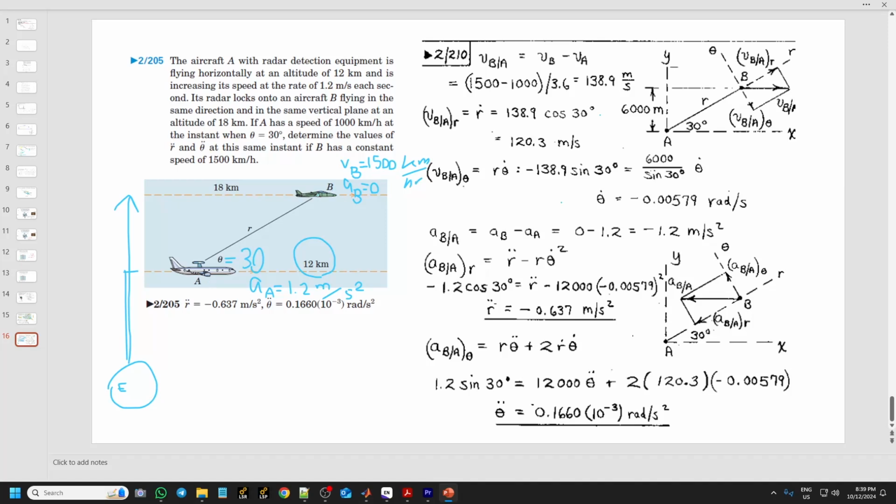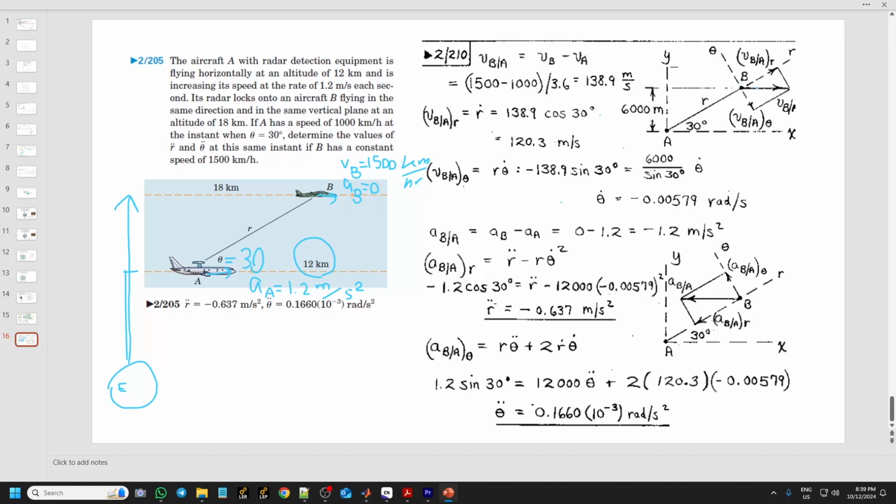Both of them are in these directions. One of them in this direction and one of them in this direction. So VB minus VA is 1500 minus 1000 divided by 3.6, which is this.